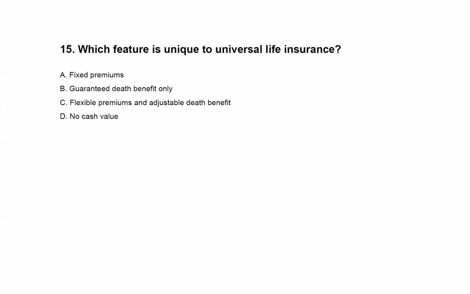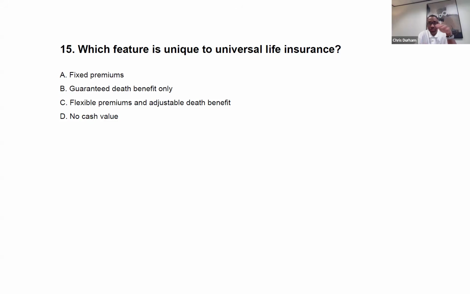Which feature is unique to universal life insurance? C, flexible premiums and adjustable death benefit. That's exactly right. Universal life insurance is the marketing term, but on the actual policy, it is a flexible premium, adjustable life or adjustable death benefit product.